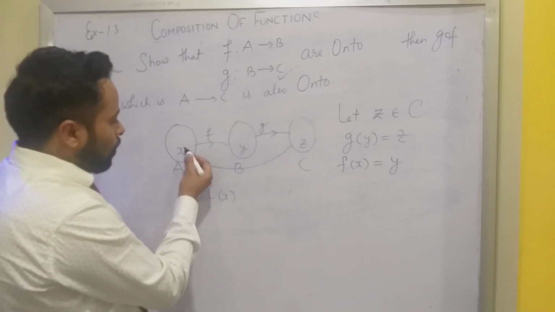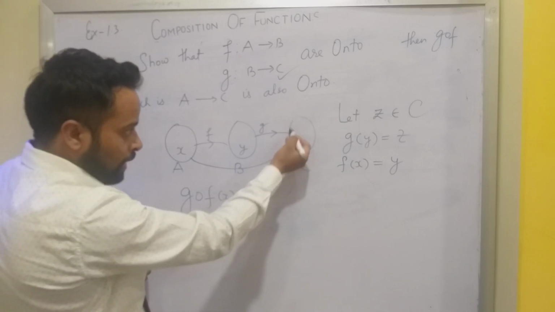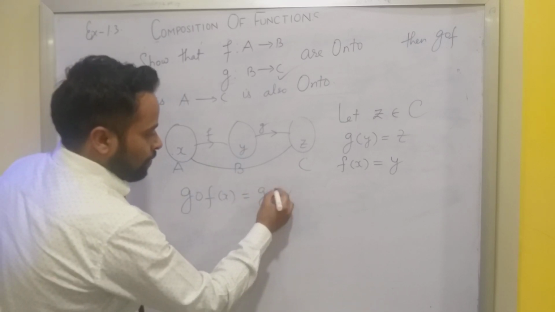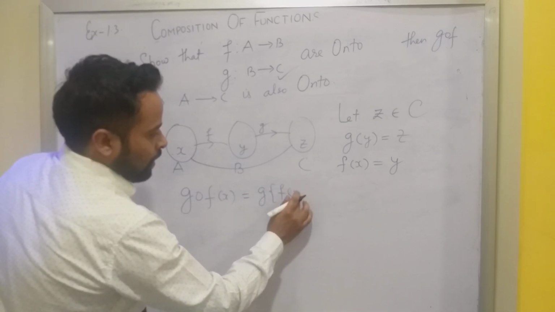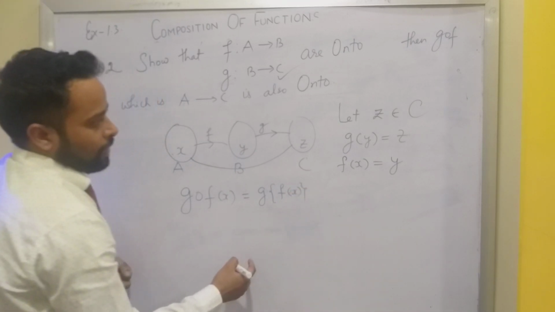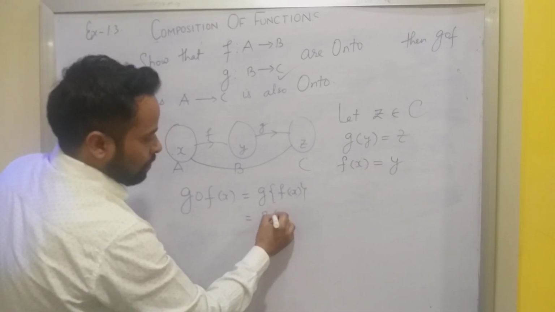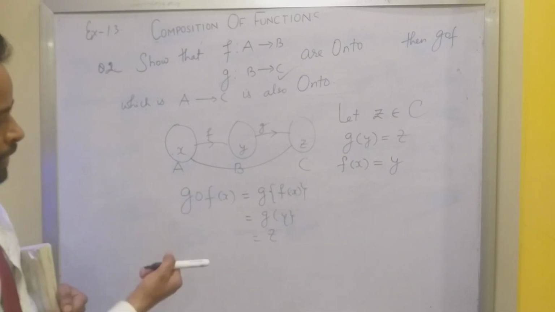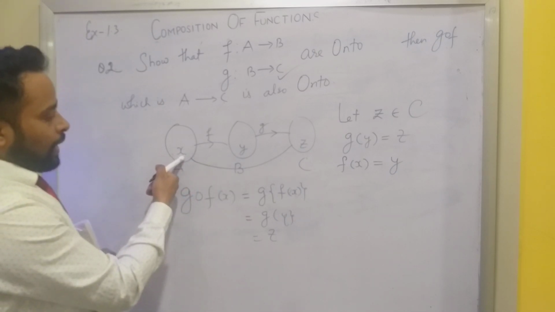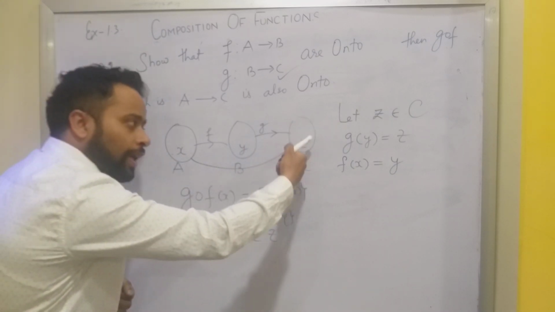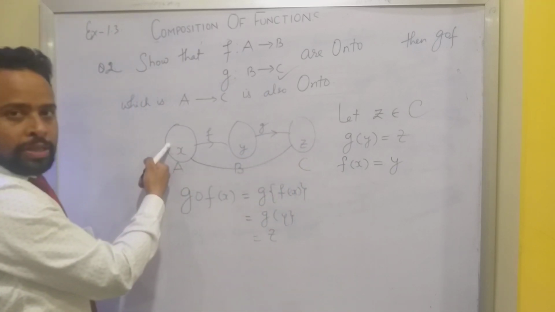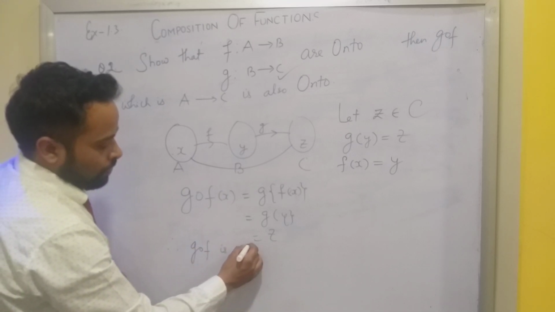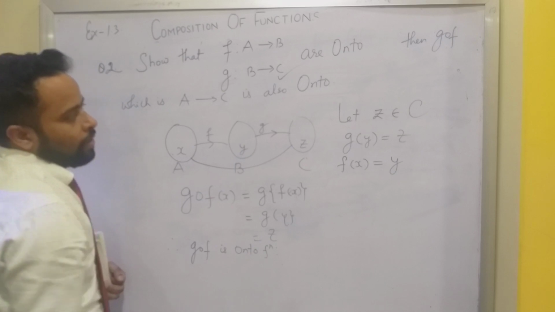If I can see that all the elements have their pre-image, then it is onto. So GOF of x is g of f of x. What is f of x? F of x is y. G of y. What is g of y? It is z. So this means what? For every z there is its pre-image x. Therefore GOF is an onto function. Fine.